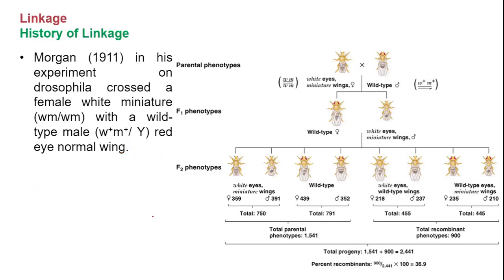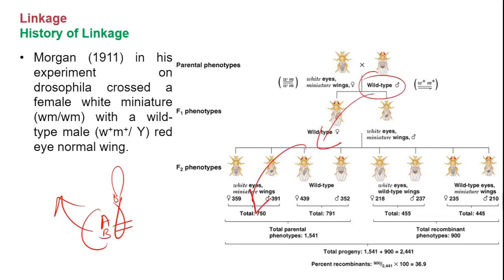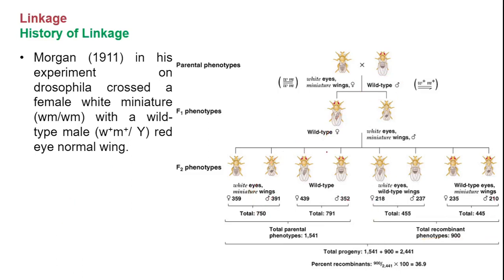This is due to the linkage phenomenon. Because of the greater tendency of these genes to stay together in original combination, if parents with the same combination are crossed, the traits will be inherited together, and they will be in a larger population compared to the recombination population. That is the history of linkage.